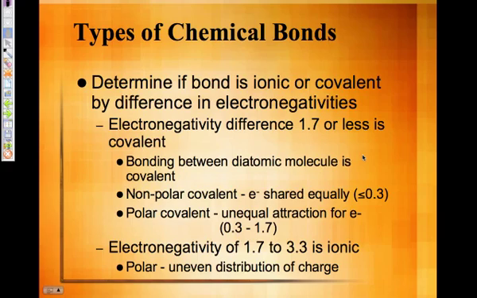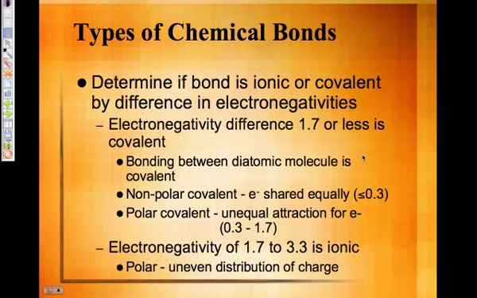If you look at your chart, let's look at water. For water, there's a hydrogen and oxygen bond. What we're going to look at is the difference in electronegativity. The number underneath the element is the electronegativity. Oxygen has 3.5, hydrogen has 2.1. What would be the difference?